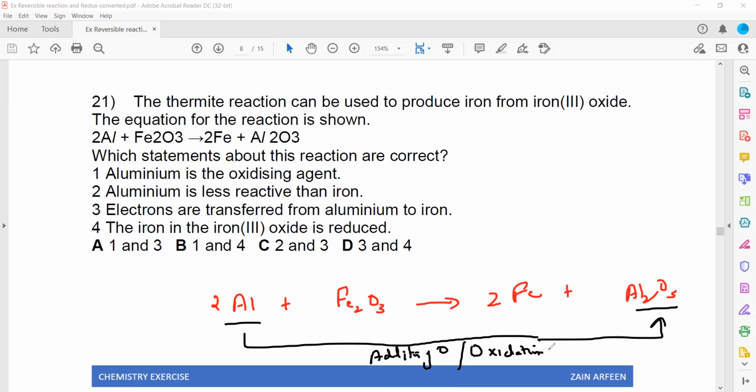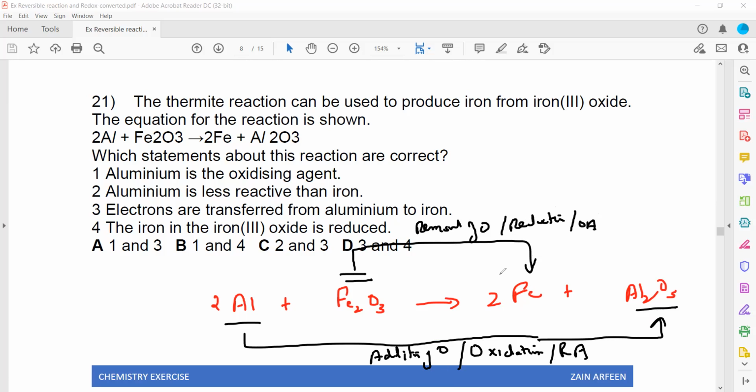And the substance in which oxidation happens is a reducing agent. So aluminum is actually a reducing agent. Iron 3 oxide turned into iron, because oxygen is removed, and removal of oxygen is known as reduction, or that substance is known as an oxidizing agent.